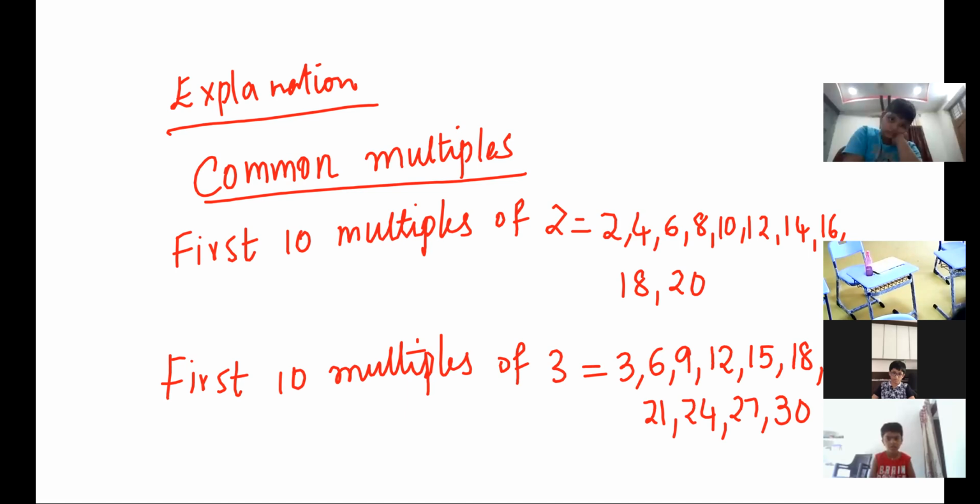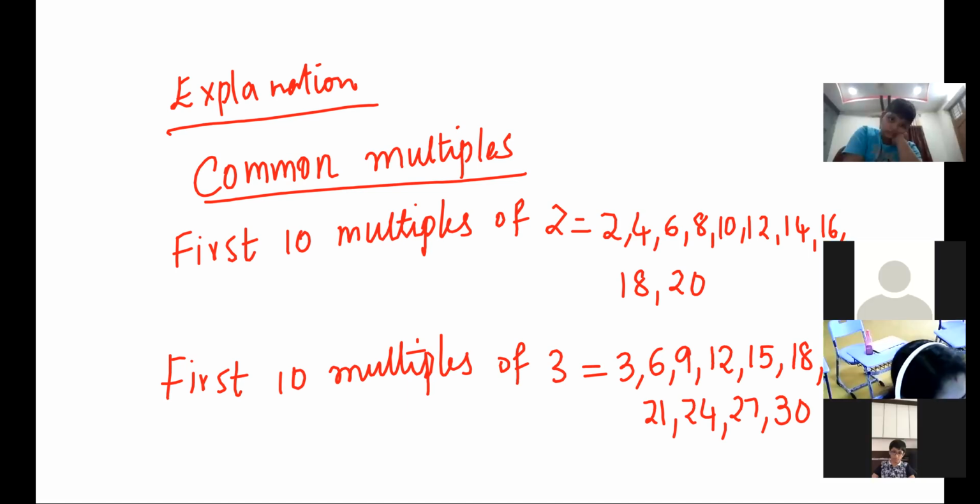Very good, 6 is common. Any more? 12, very good. 18. That's all. For the first 10 multiples of 2 and 3, we have 6, 12 and 18.